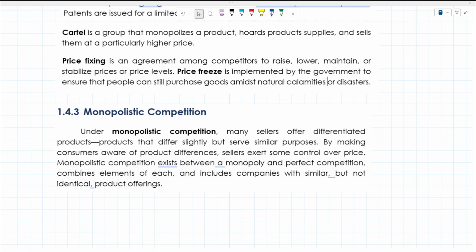By making consumers aware of product differences, sellers exert some control over price, but not entirely. Monopolistic competition exists between a monopoly and perfect competition and combines elements of each and includes companies with similar but not identical product offerings.